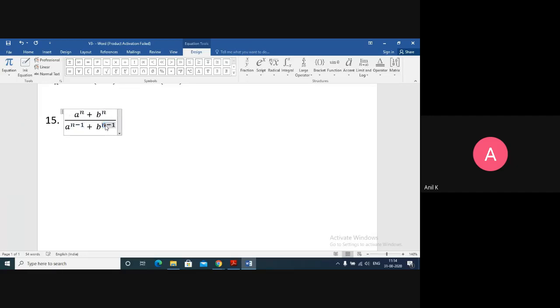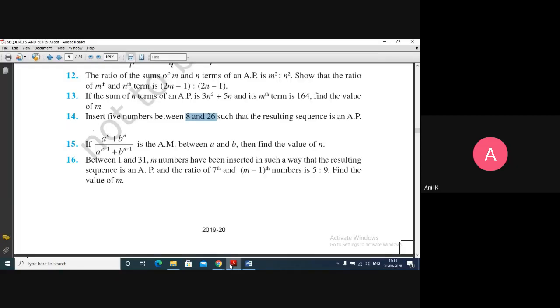See, here the question looks dangerous, but that is the... So this is given, right? What is given about that? If this term is the arithmetic mean between A and B, then what should be the value of n?